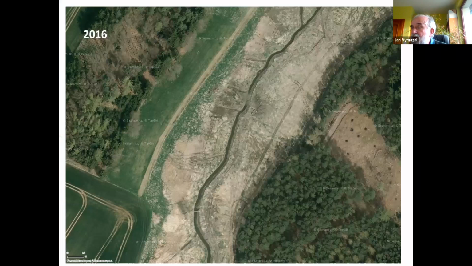And what we did in 2016, so this is the aerial picture. This is the stream. So what we did, we put the dam over here. We filled in the drainage ditches which were there, and the water was forced to flow through the wetland and was returned by the last drainage channel.